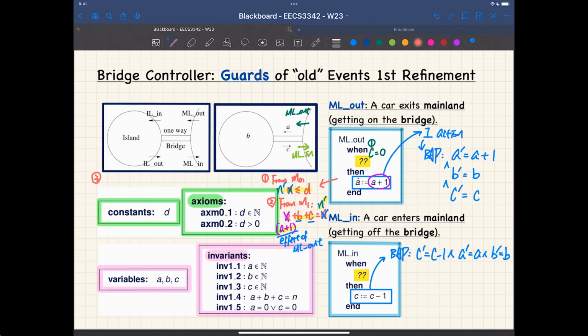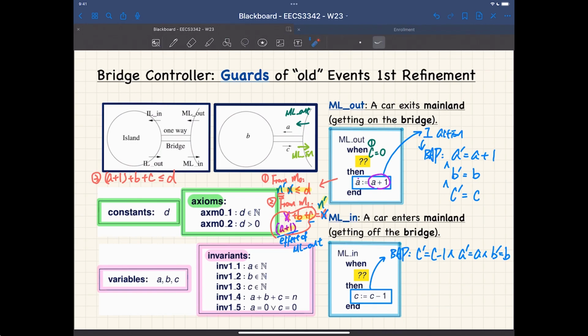Let's replace N prime by this guy over here. So N prime will just be A plus 1 plus B plus C, right? And then should be less than or equal to D.